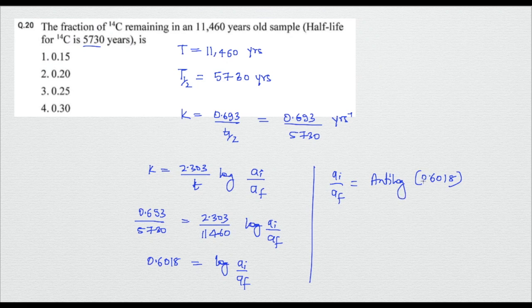Now we know that the log value of 4 is 0.6010, so it will be quite near to that, and we can take a rough value. Since log 4 has a value of 0.6010, we can relate it from there, and the value of this is going to be 4. So AI by AF is going to be 4.